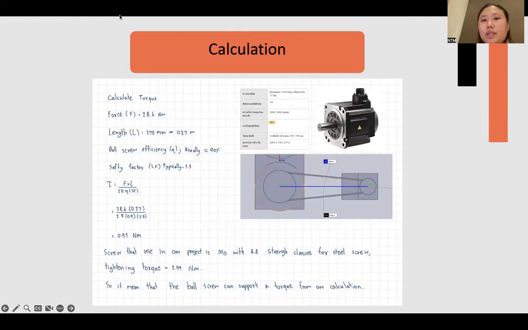After we calculate, we get 0.91 newton meter. The screw that we use in our project is M5 with 4.8 strength class steel screw. The tightening torque is equal to 2.59 newton meter. So it means that the ball screw can support the torque from our calculation.